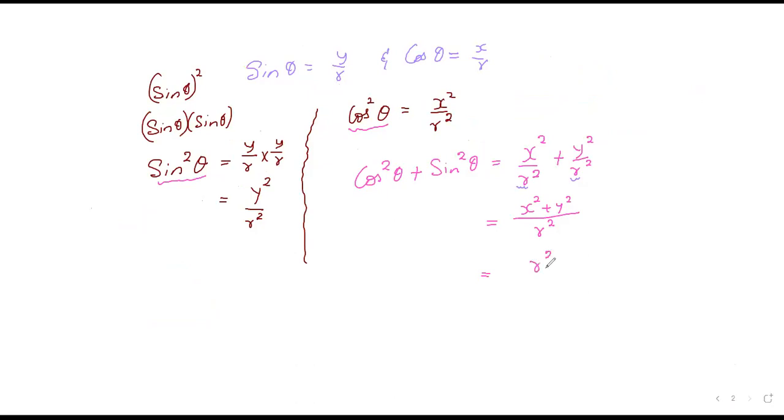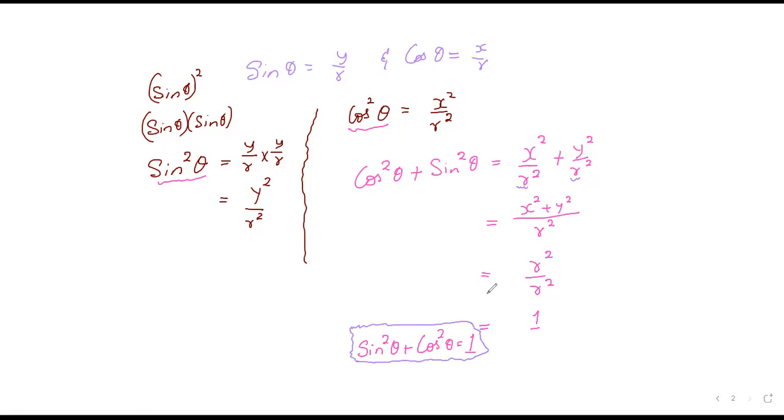Therefore, r squared over r squared, x squared plus y squared is equal to r squared. This is 1. Therefore, you can say sine squared theta plus cos squared theta is equal to 1.